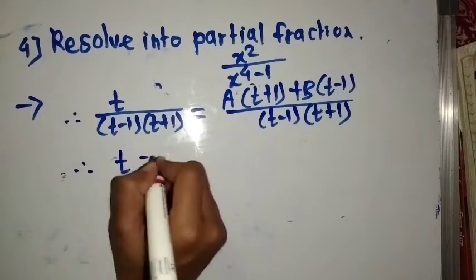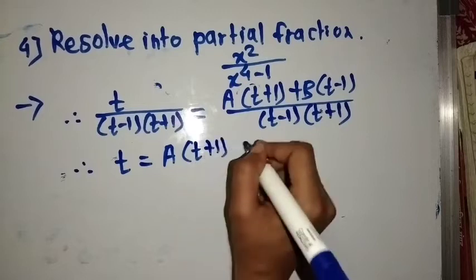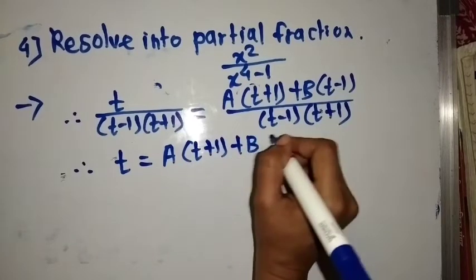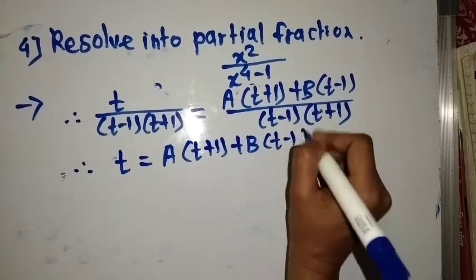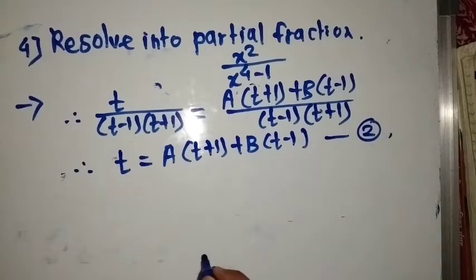Hence we get t is equal to a into t plus 1 plus b into t minus 1. This is second equation.